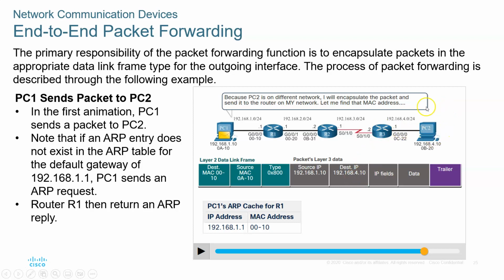He sends out an ARP request to somebody in the LAN. This guy sends him his MAC address, 0B20. He puts it as the destination. And R3 will put his MAC address as the source and send him the frame. You see, that packet never changed. It was just re-encapsulated into new frames as it traverses the network.